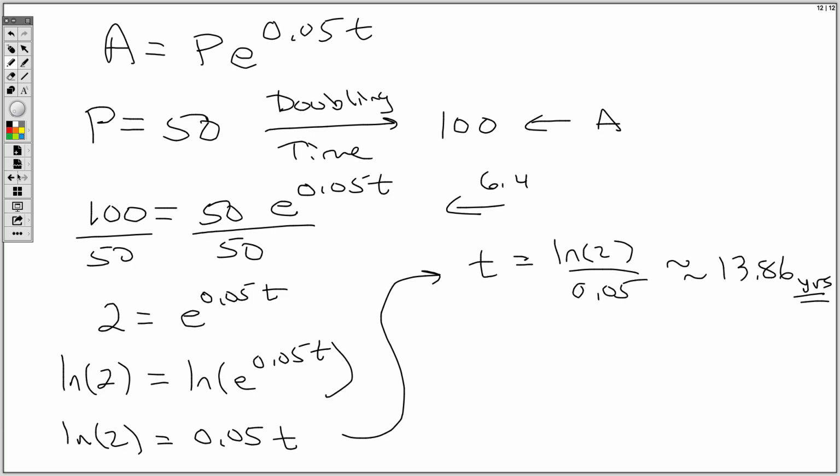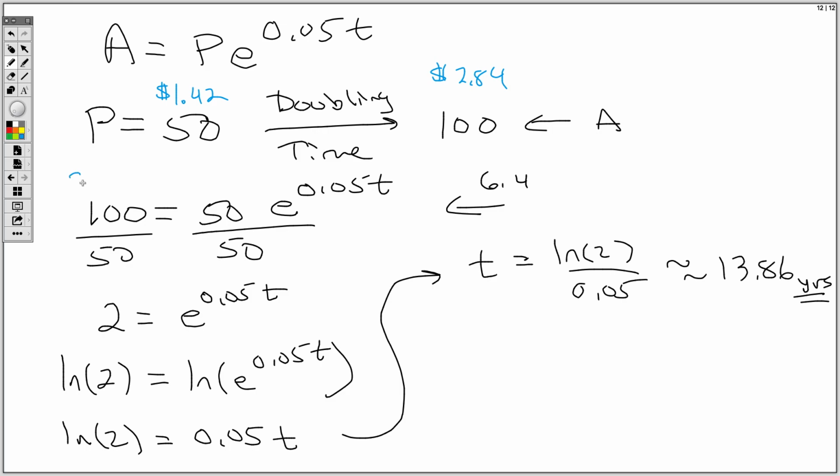All right. Now, let's see if we started off with a different starting value. Let's say you don't have $50 to invest. Let's say you've got $1 to invest. Or let's make it kooky. All right, let's make it like $1.42. Then after the doubling time, we're looking to see how long it takes to get to $2.84.